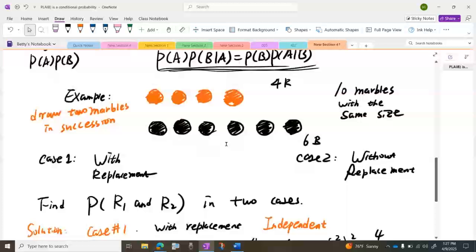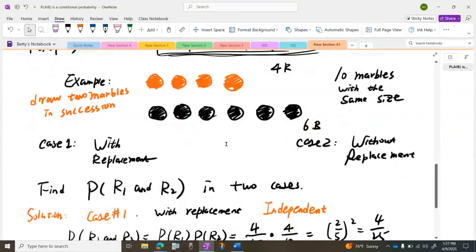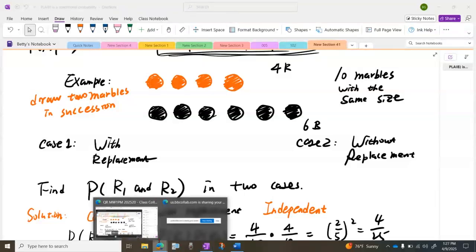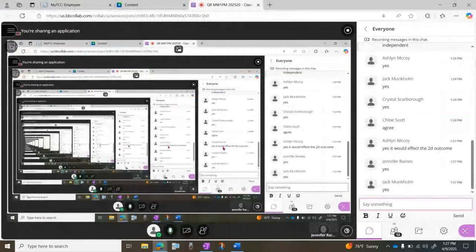Would R1 affect R2? You really have to see it, guys.